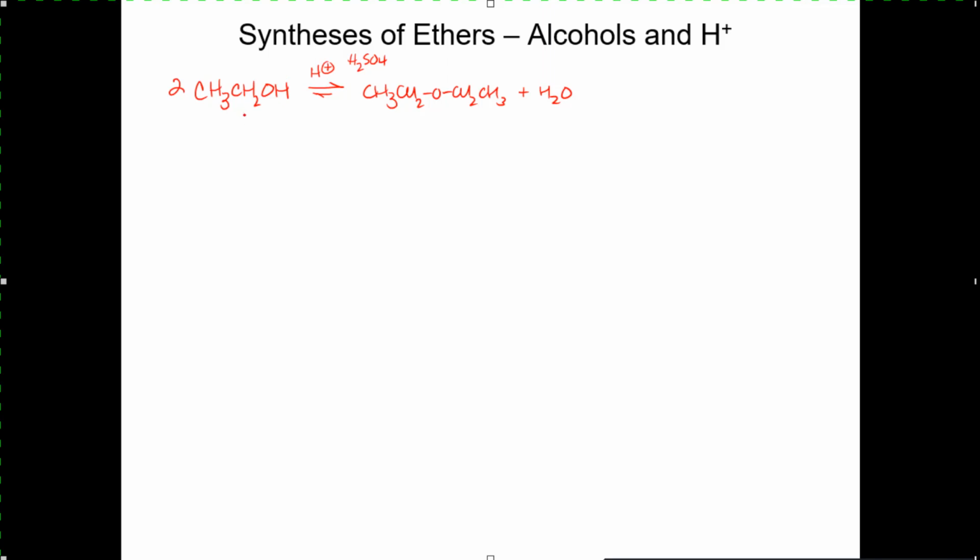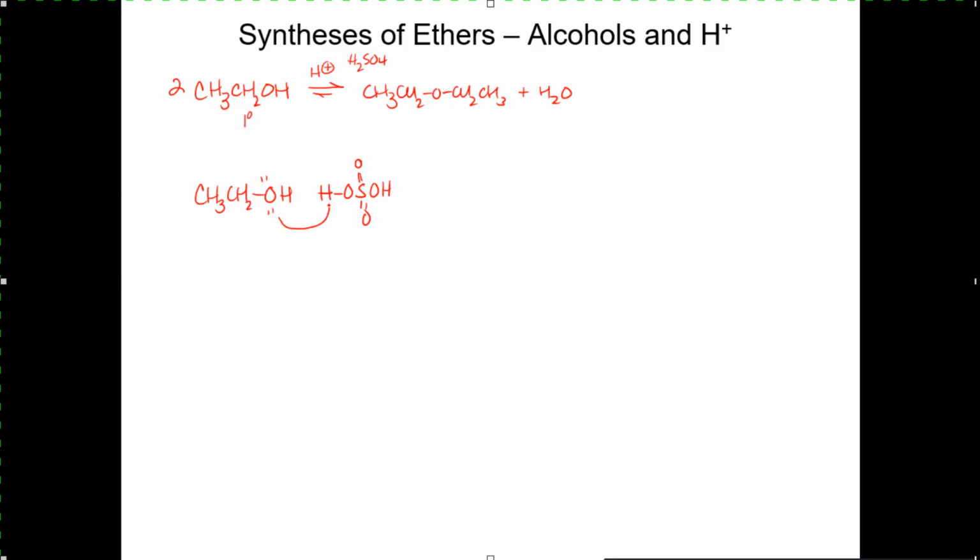Now the problem here is that these are primary alcohols, so how does this reaction work? Well, it basically works like we would do all of our reactions, with a twist. So I'm going to react this with H2SO4.